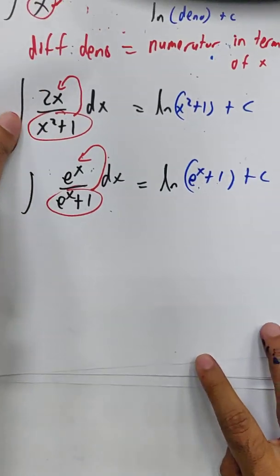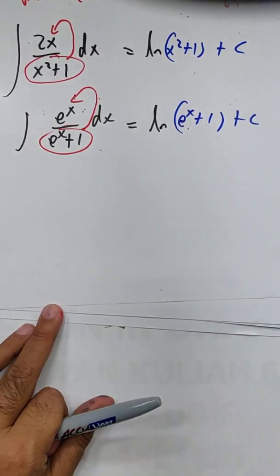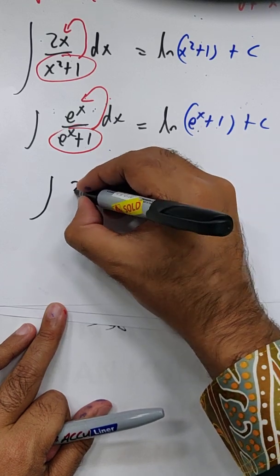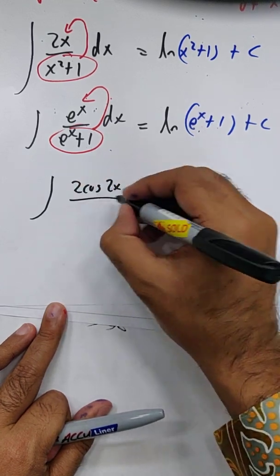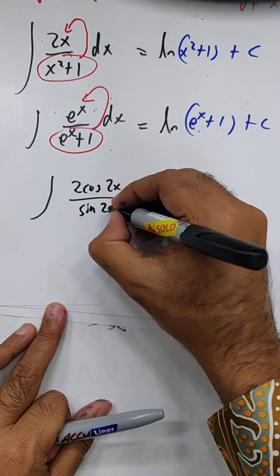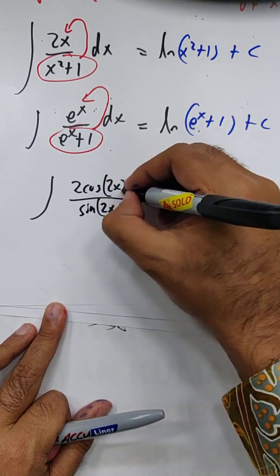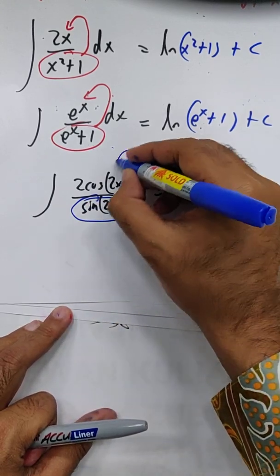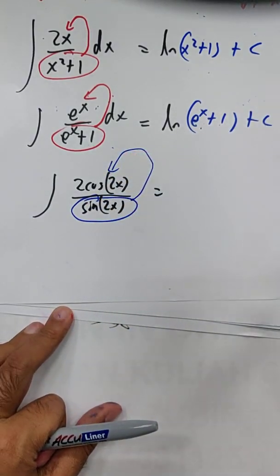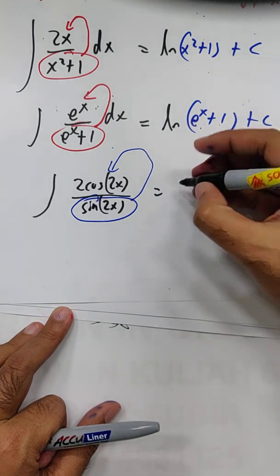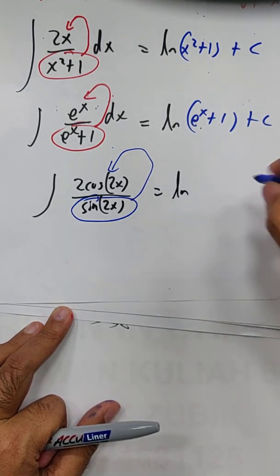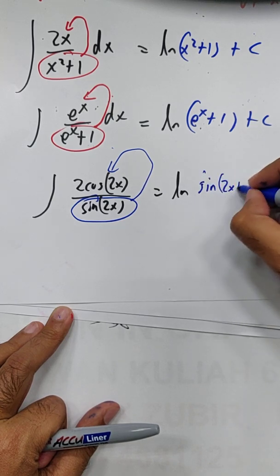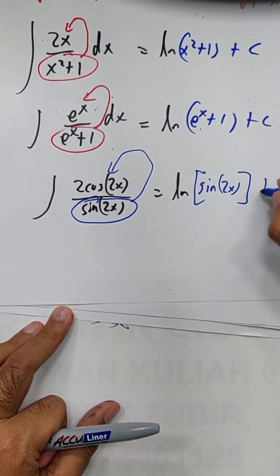And finally, if I differentiate the denominator, I get the same thing as up here. So it becomes ln sine 2x plus c.